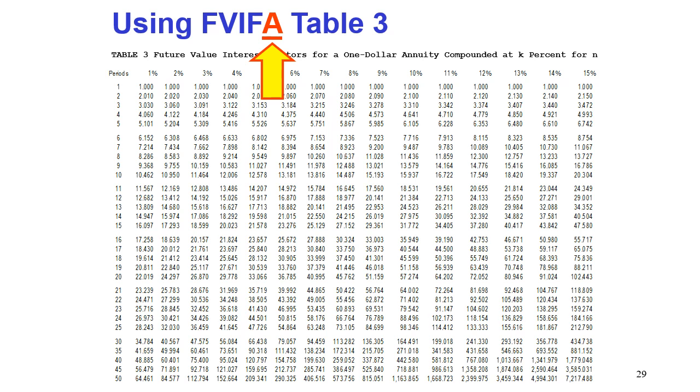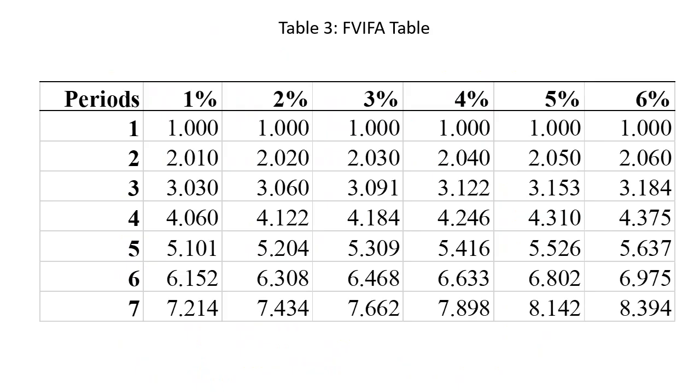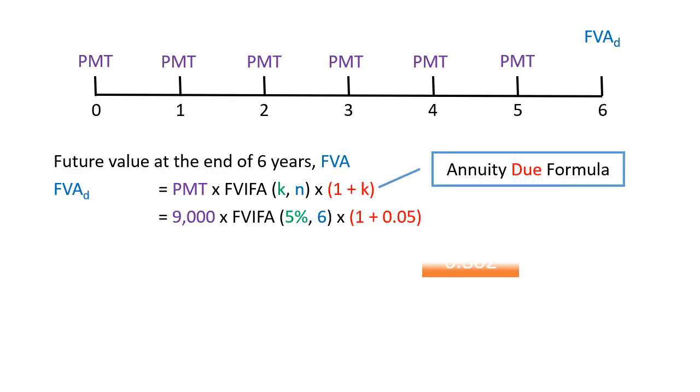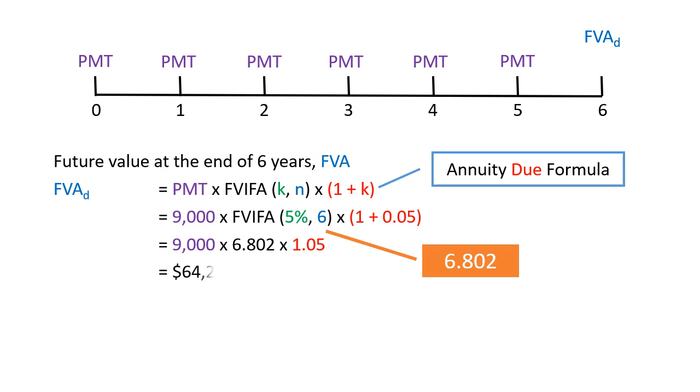Next, we find the answer. We know K. We know N. The intersection is the answer. Substitute the answer from the table into the working, and we find FVAD.